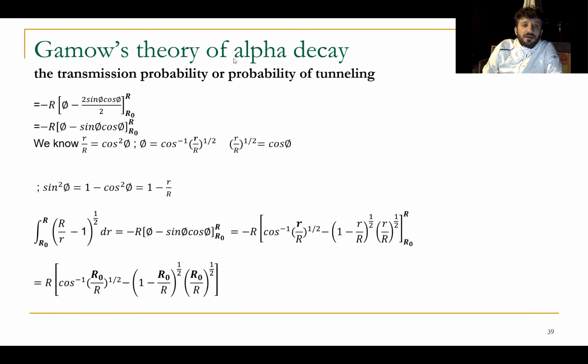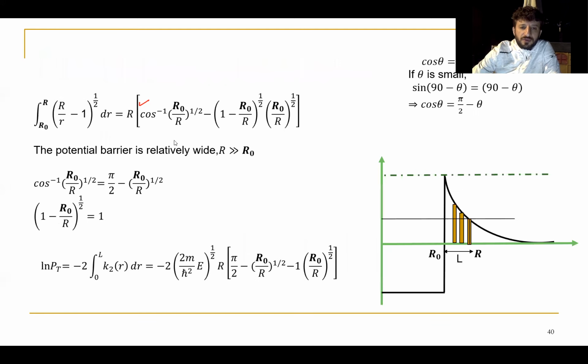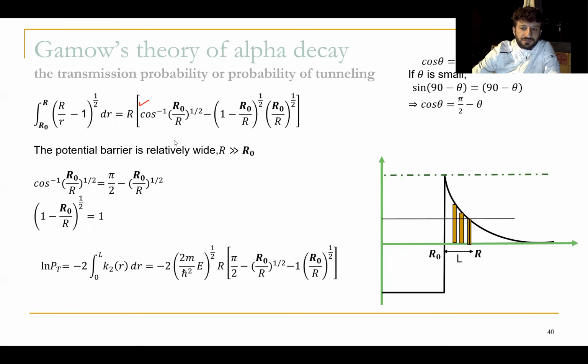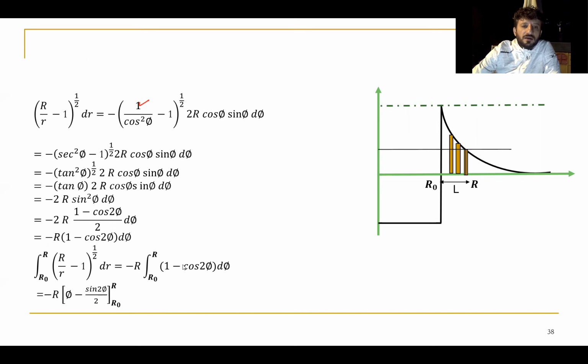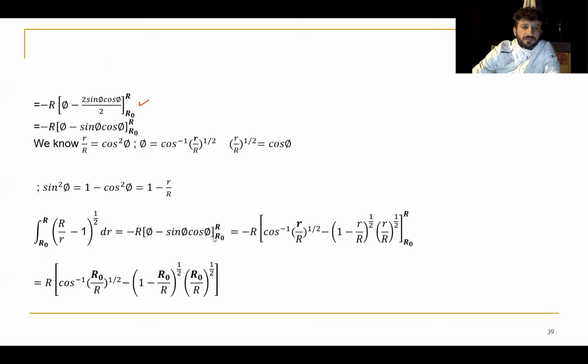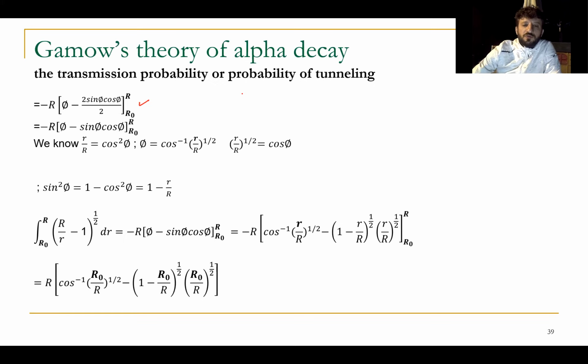We come back here. We arrived to this point. We have before, okay, we have minus R sine 2 phi. Sine 2 phi equals 2 sine phi cosine phi.